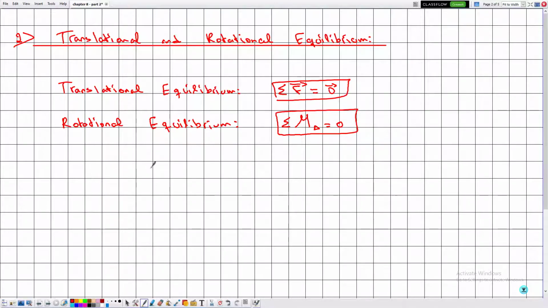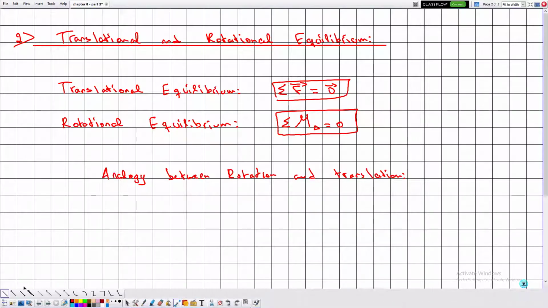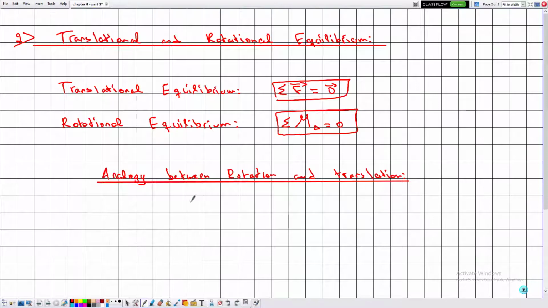And if we are talking about the analogy between rotation and translation, in this case the force is simply replaced by a moment.